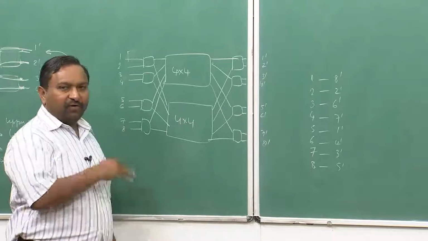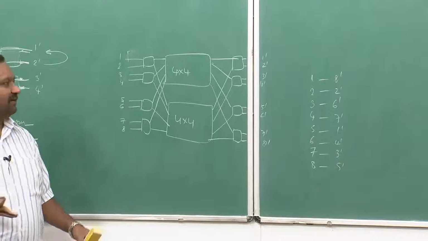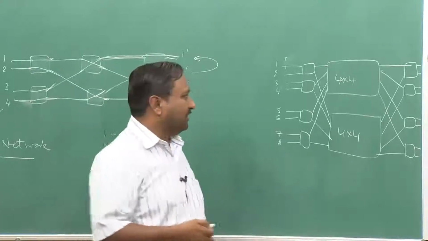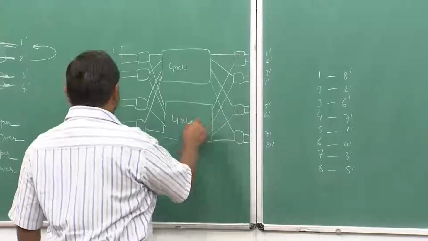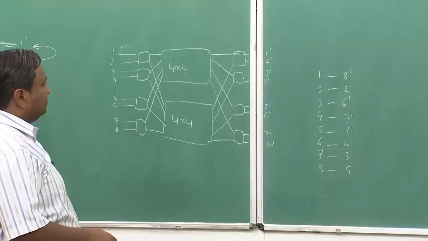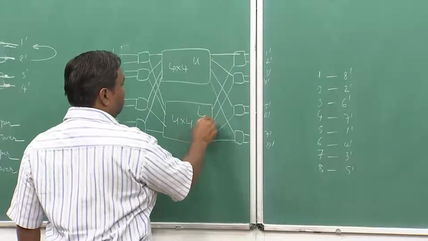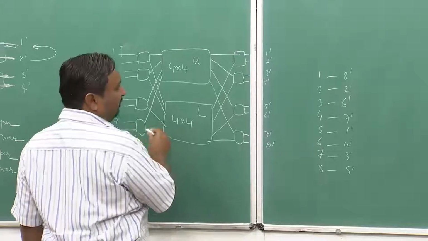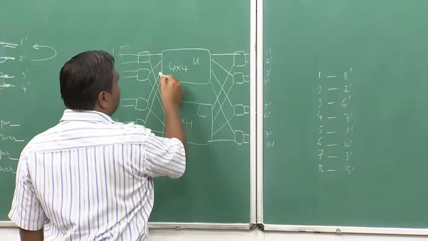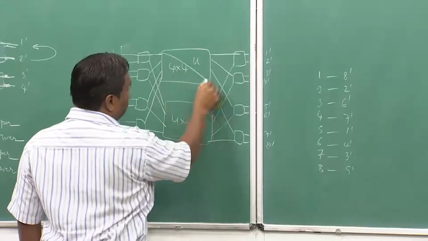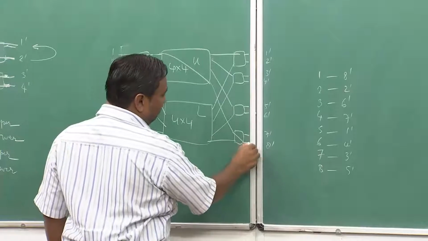If I go in the forward direction, I have to decide that it will be either upper or lower. If I decide it is going to be the upper one in the forward direction, for 1 to 8, I will be switching here, and this can now switch over to the fourth one, and I can connect to 8.